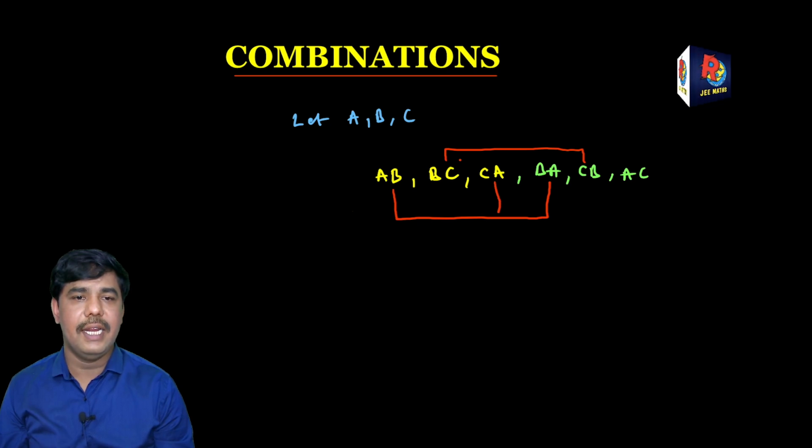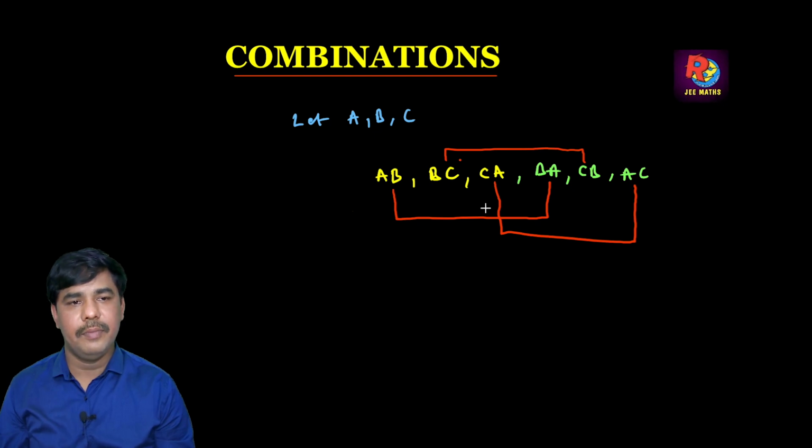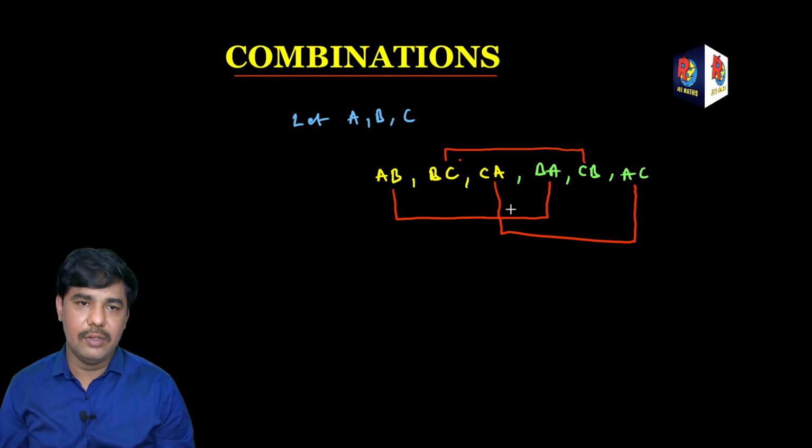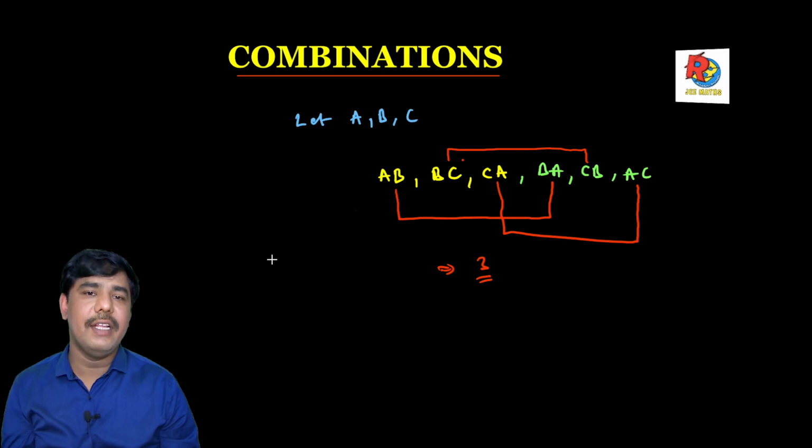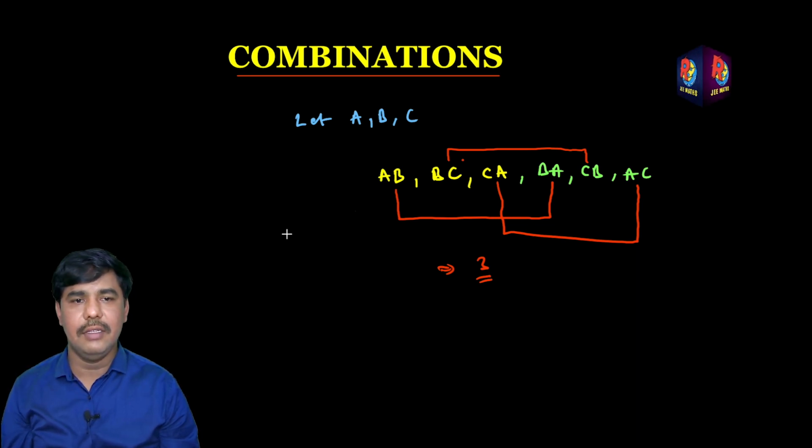If I selected CA or AC, the two are the same. In combinations, these two pairs will be treated as one. Here three ways we can select. But if it is arrangement, 6 arrangements are possible, because in permutations arrangement plays the main role. In combination, arrangement is not necessary. That one you need to remember.